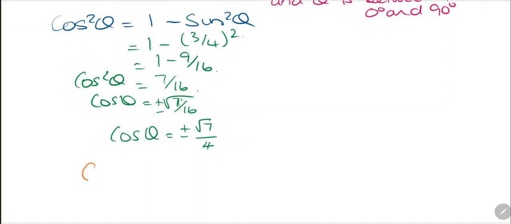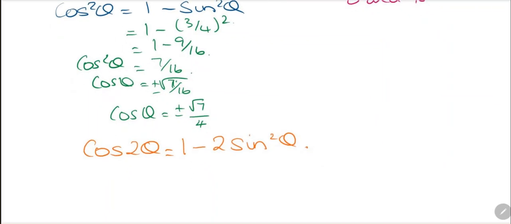We can put this into the cosine 2 theta formula, and we can choose which one we want to use. So let's try a different formula: 1 minus 2 sine squared theta.